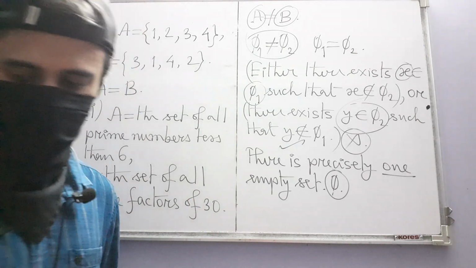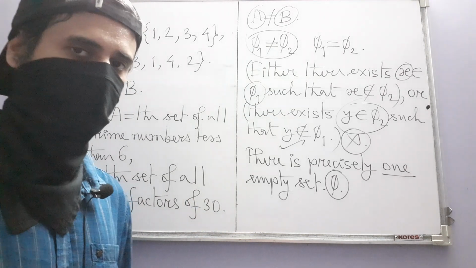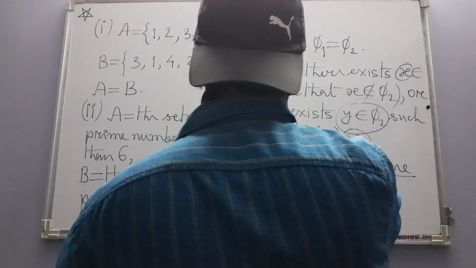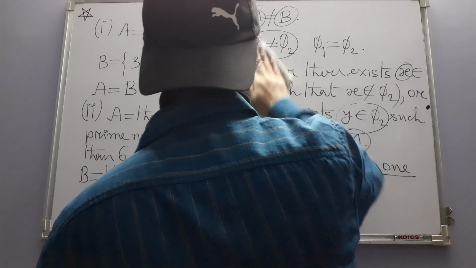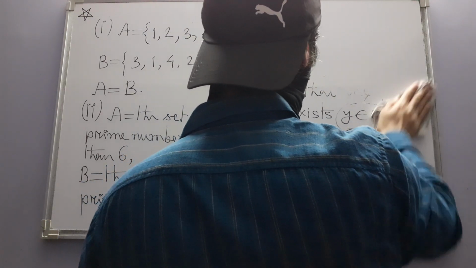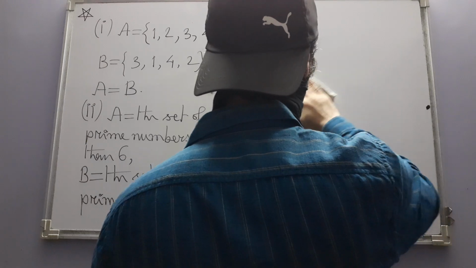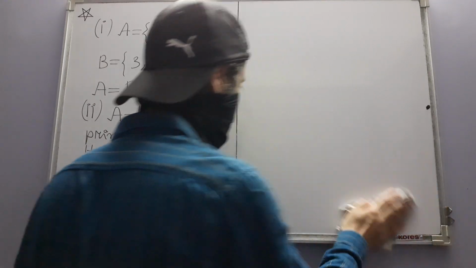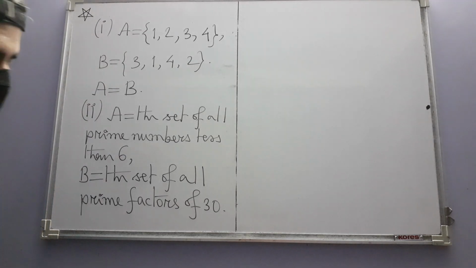You know that the prime numbers less than 6 are 2, 3 and 5, and they also turn out to be precisely the prime factors of 30. Why?